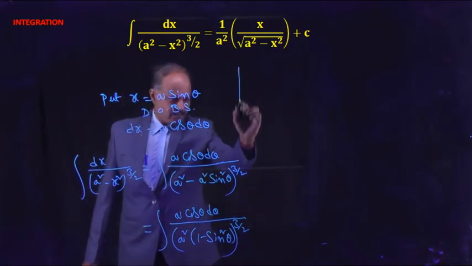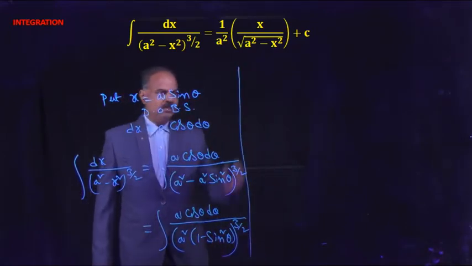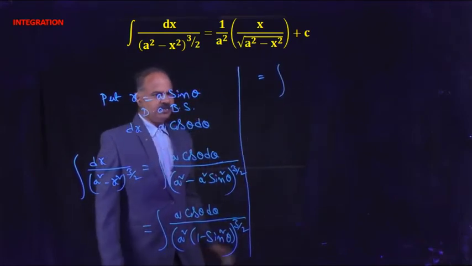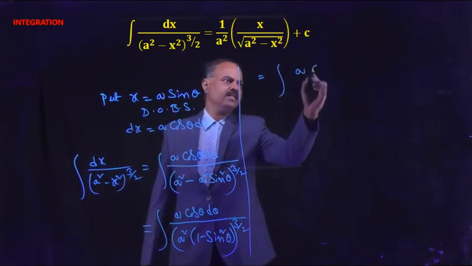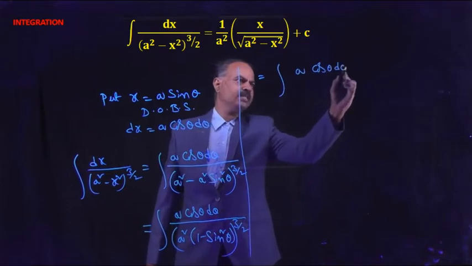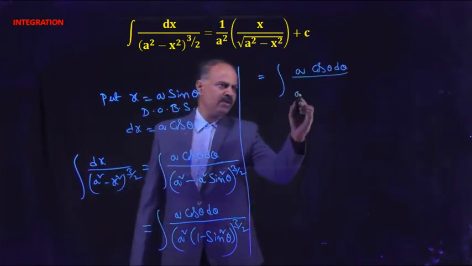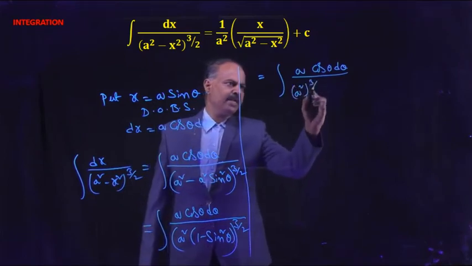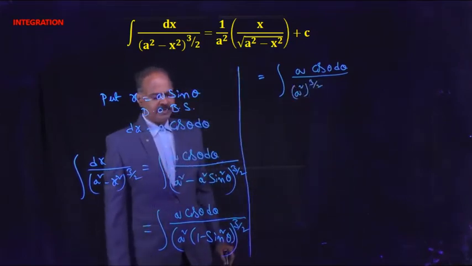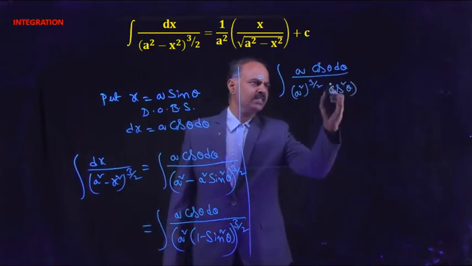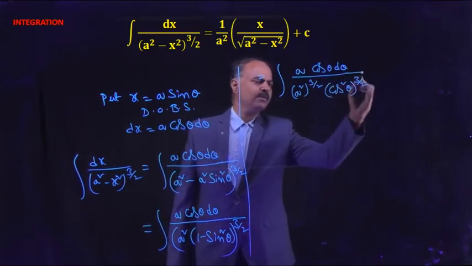Next this is equal to integral a cos theta into d theta divided by (a square) whole power 3 by 2 into (1 minus sin square theta, which is equal to cos square theta) whole to the power 3 by 2.